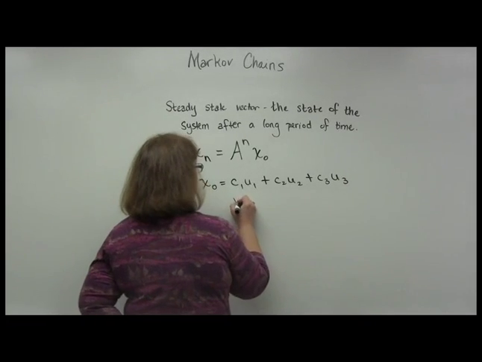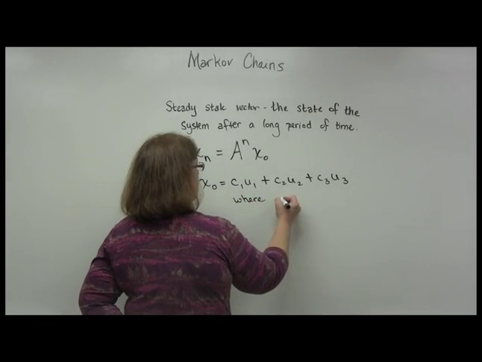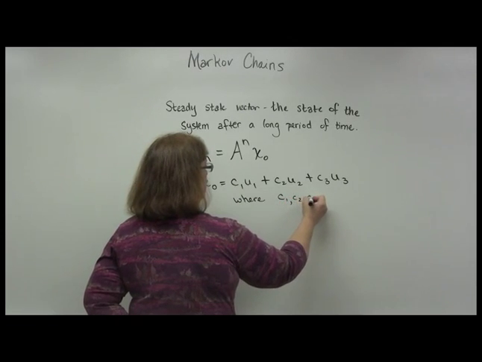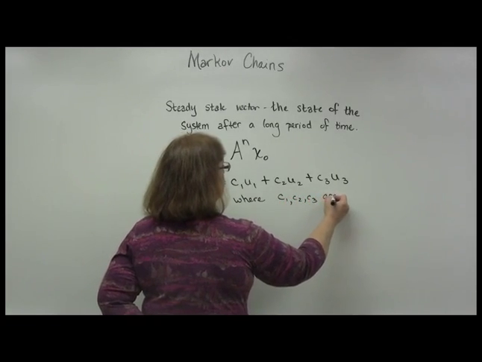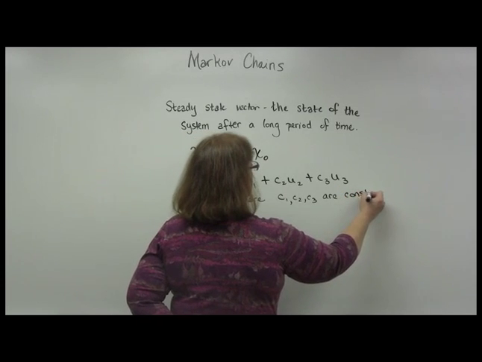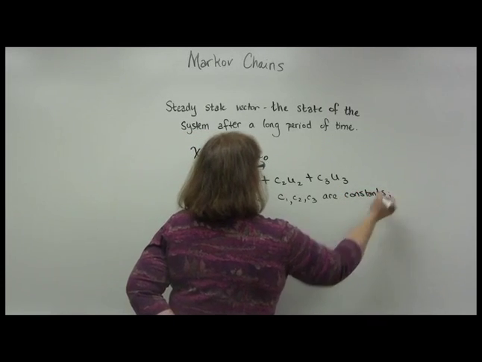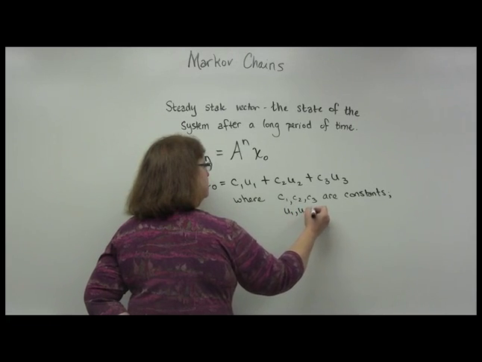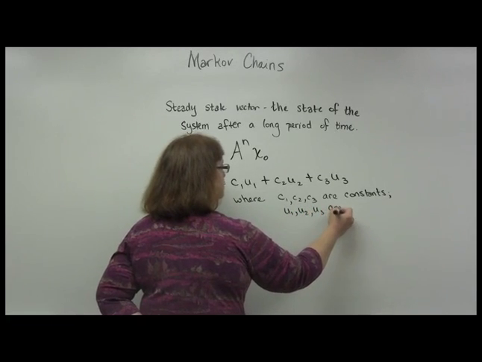So this is where the c sub whatevers, c1, c2, c3 are constants, and the u1, u2, and u3 are eigenvectors.